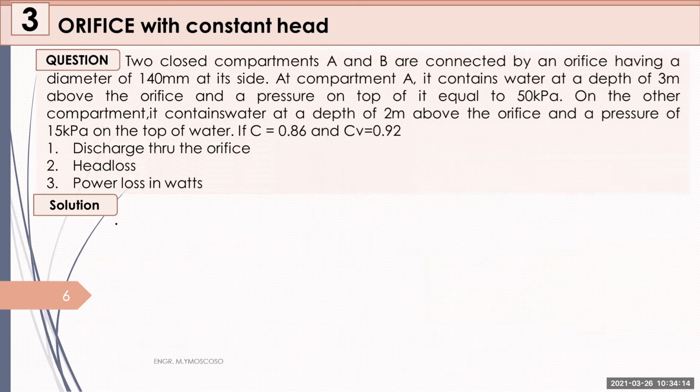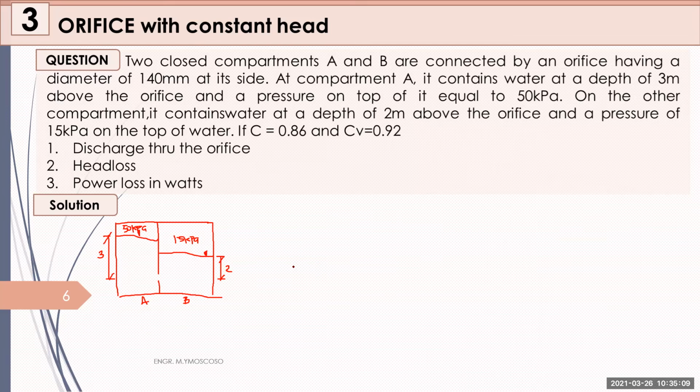So try muna natin i-draw kung ano yung ibig sabihin ng ating problem. Okay, so meron kayong compartment A and compartment B. So these two tanks are closed and being held with a pressure inside.